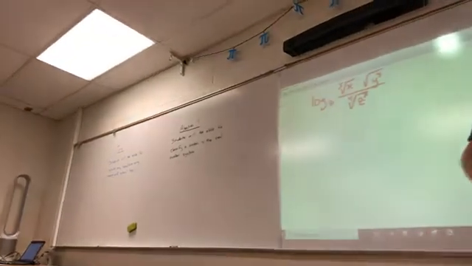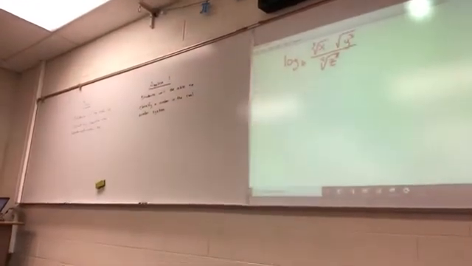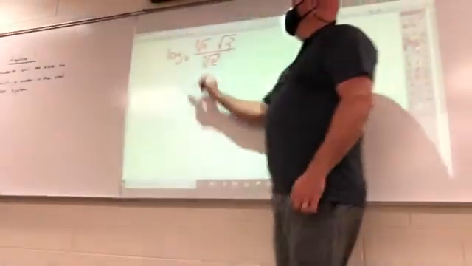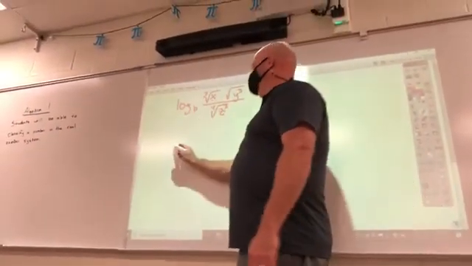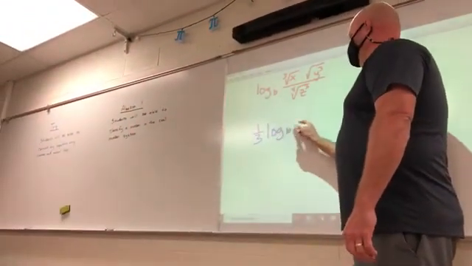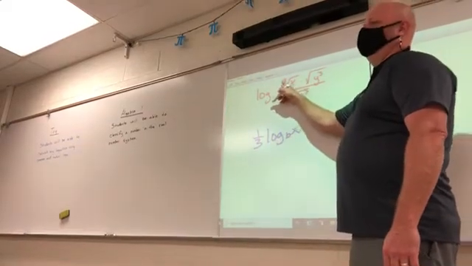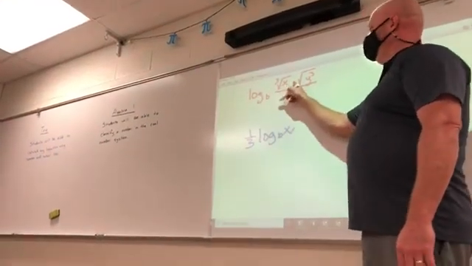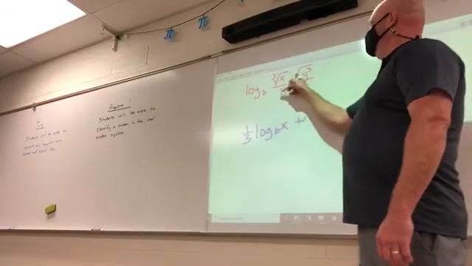You want me to just write the answer? So the answer would be the third root is the same thing as the 1/3 power. So I'm just going to have 1/3 log base b of x. Times means plus.